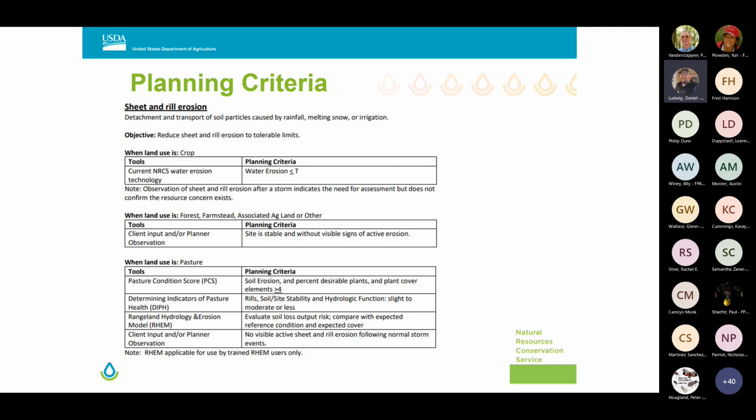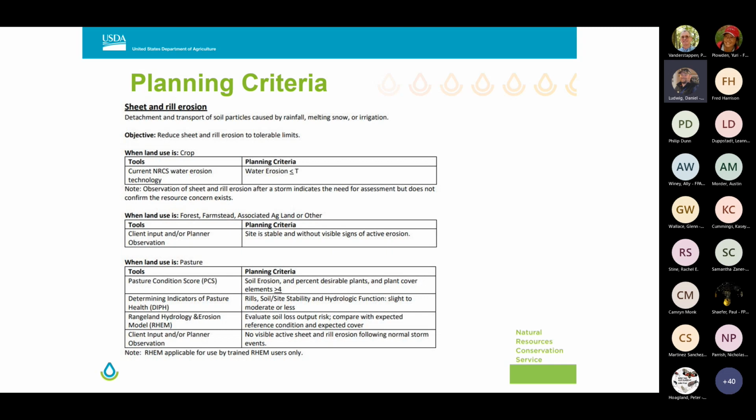Basically, to meet planning criteria, our RUSLE should be less than or equal to T. So it's defining if we run our RUSLE equation and it's less than T, then we can say that we're meeting that planning criteria. However, visual observation will trump any of our assessment tools that are out there.